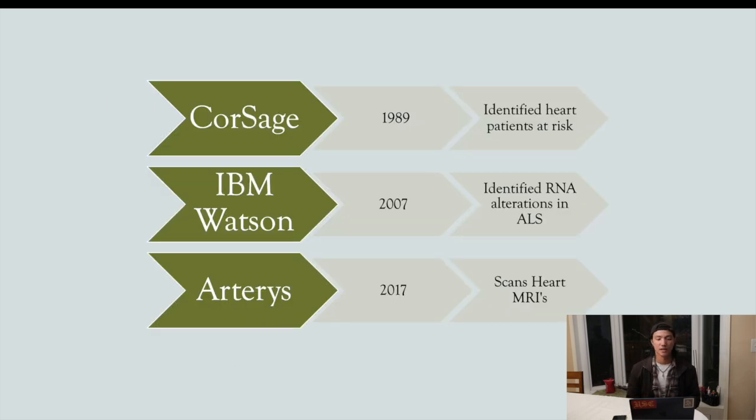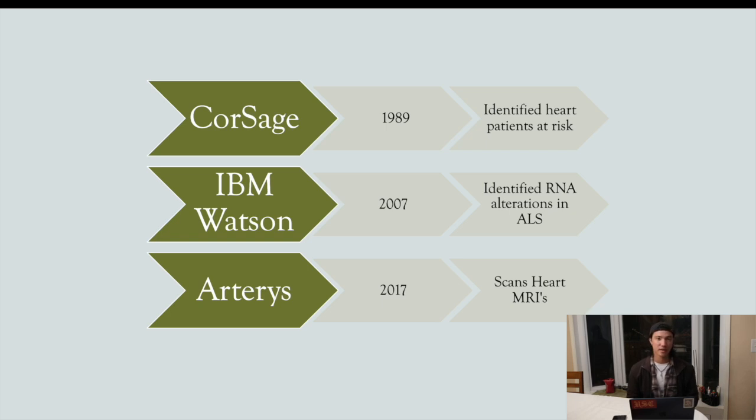Here we see a timeline of AI over the past couple of decades. Here we see in 1989 a company made a machine called Sage, and Sage was used at Cedars and it identified heart patients at risk. It took coronary patients and predicted whether or not they're going to receive another heart issue.